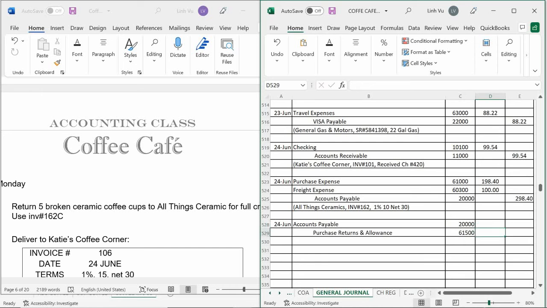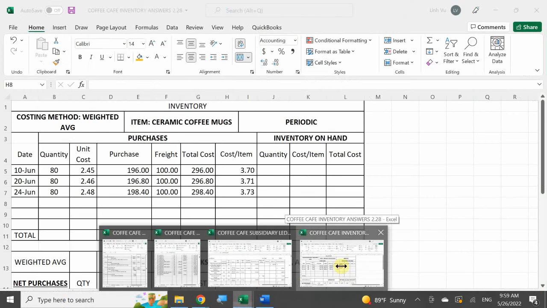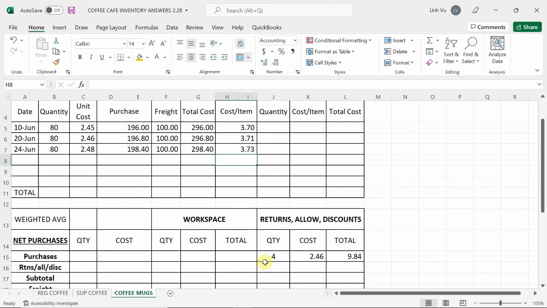Now, how much am I going to owe? Well, how much do I need to decrease it by? So let's go ahead and take a look at my inventory worksheet. Okay? I'm planning to return 5, right? At what cost was my coffee mugs that I just recently received?